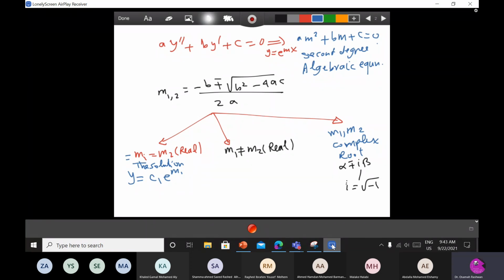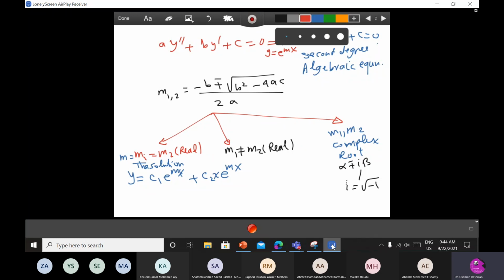So C1 e to the mx plus C2, if I write the same m, I have to distinguish this one by x here to be an independent solution.